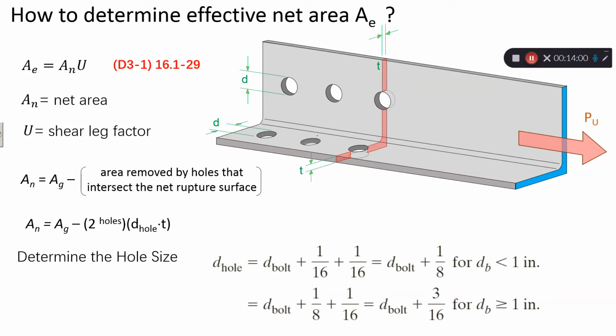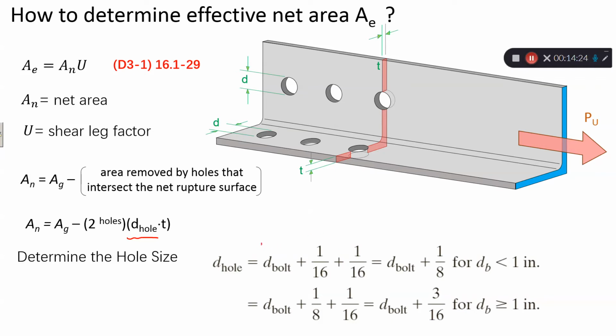Now here comes the question of how to determine the hole size. Based on the manual, the diameter of the hole is equal to the diameter of the bolt plus 1/16 plus another 1/16.